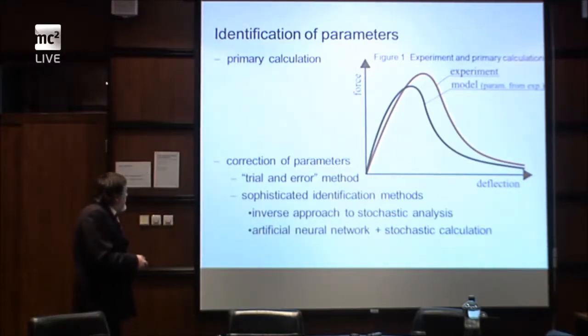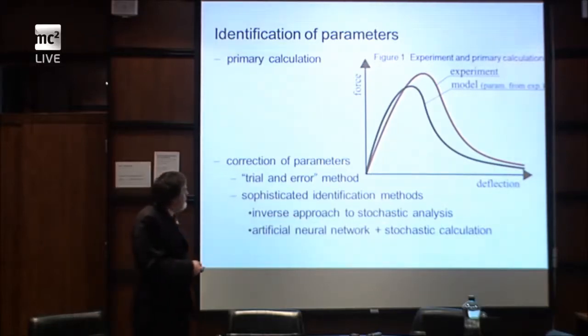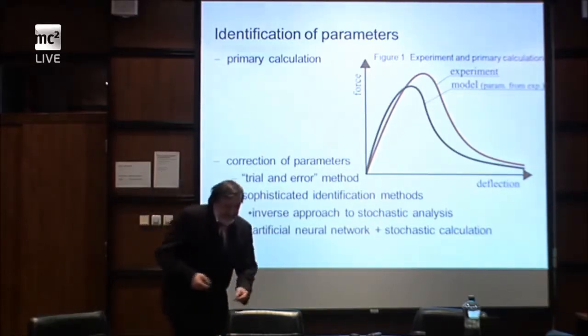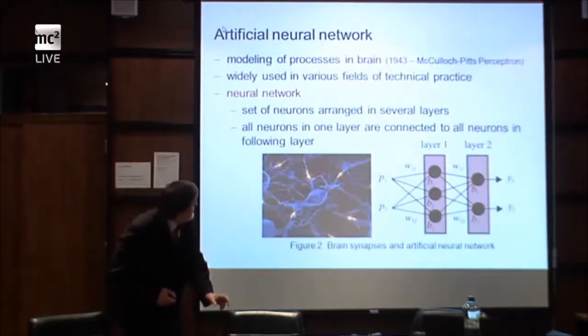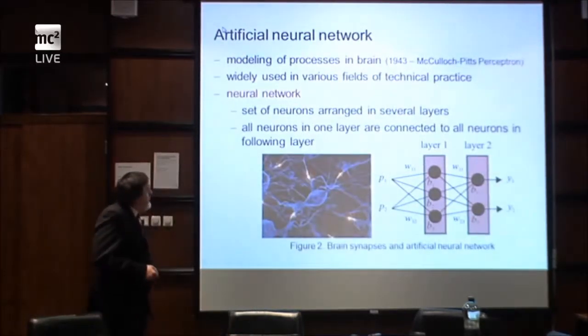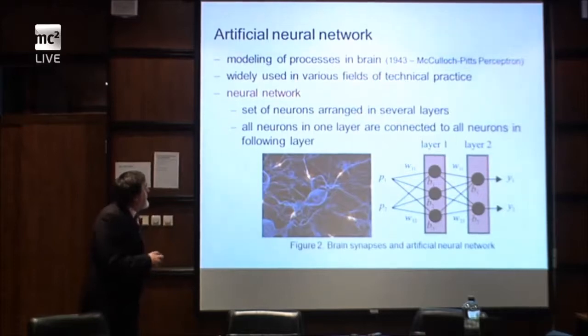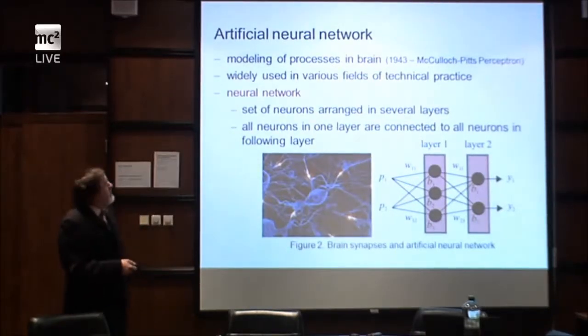One approach can be an inverse approach to stochastic analysis, which is a combination of artificial neural network and stochastic calculation. A few words about artificial neural networks. Maybe somebody of you already knew it.